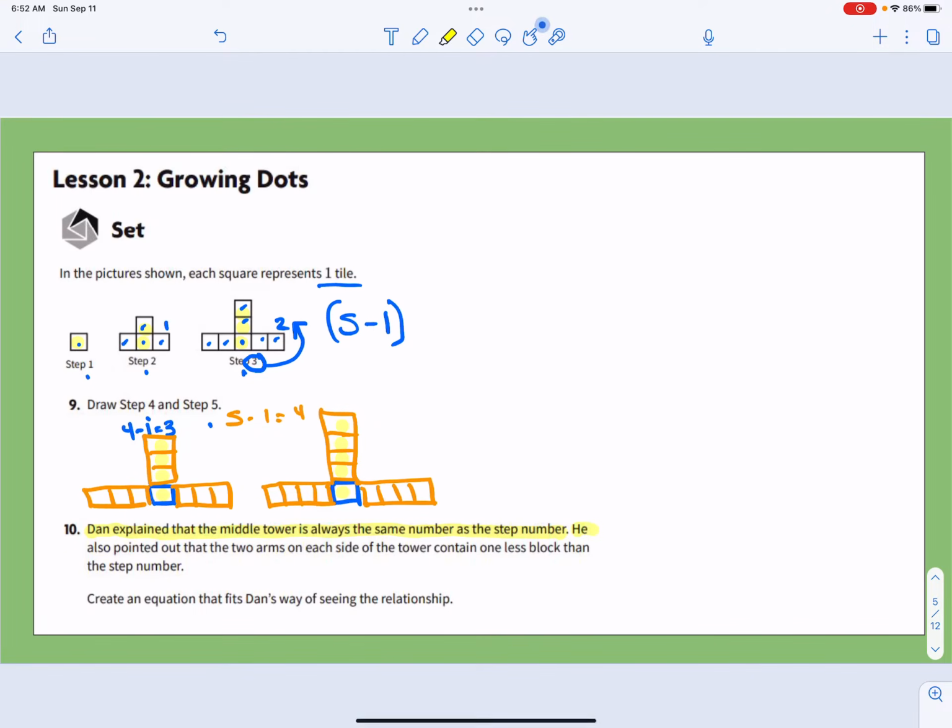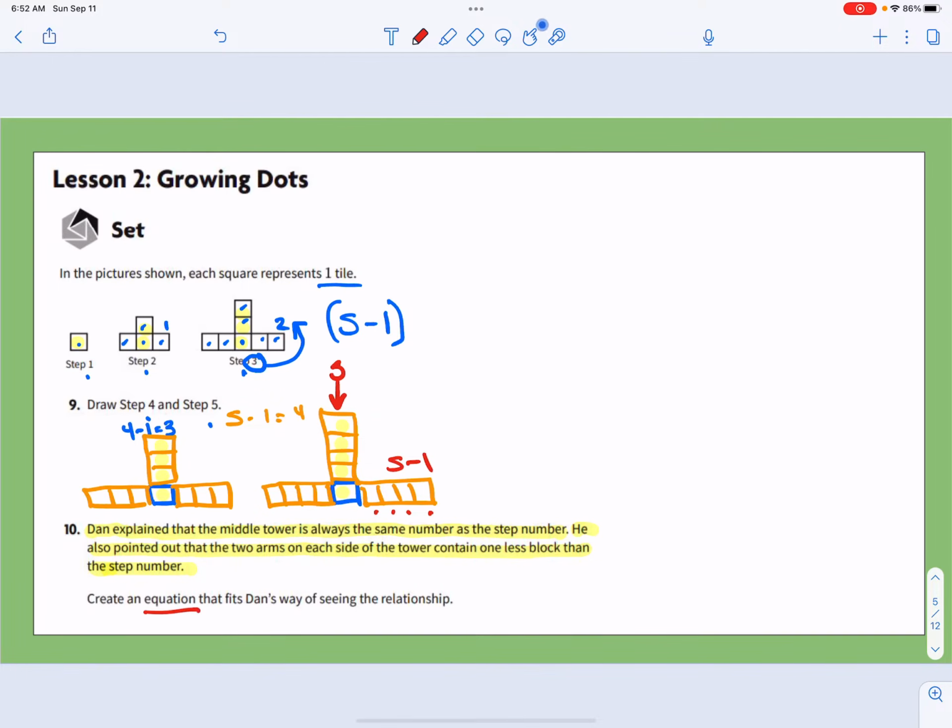He also pointed out that the 2 arms on each side of the tower contain 1 less block than the step number. Let's see, is that an accurate statement? Let's take a look. What he's saying is that this becomes the tower number. So this becomes the step number. And this becomes 1, 2, 3, 4, the step minus 1.